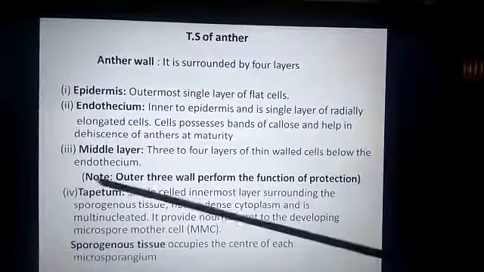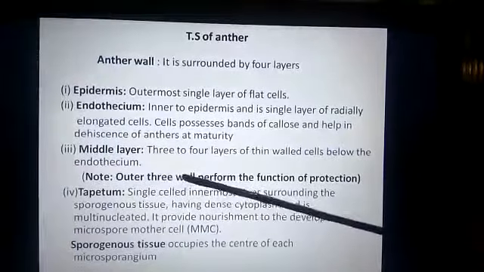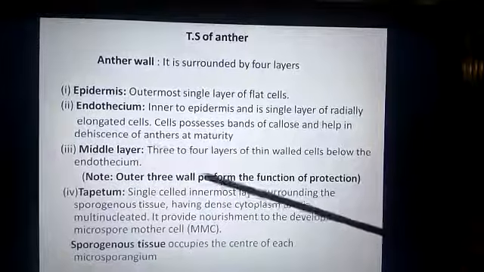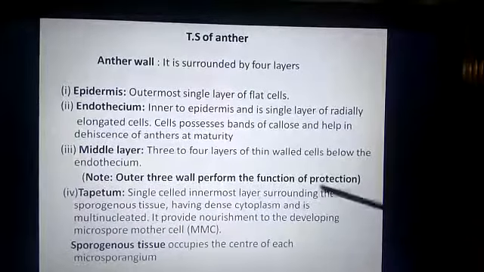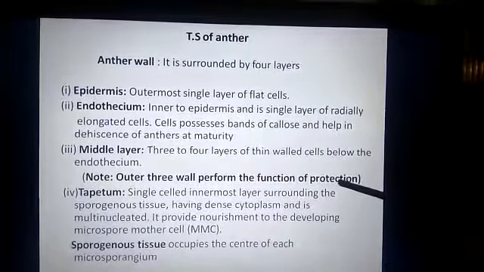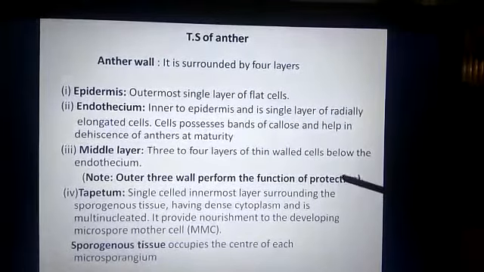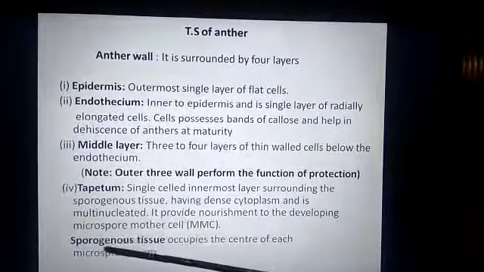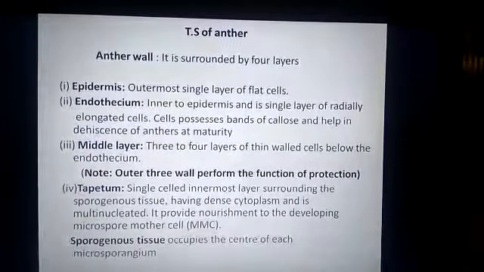Now note, the outer 3 layers, that is epidermis, endothecium, and middle layer, perform the function of protection. These outer 3 layers will protect the inner tapetum layer and sporogenous tissue.